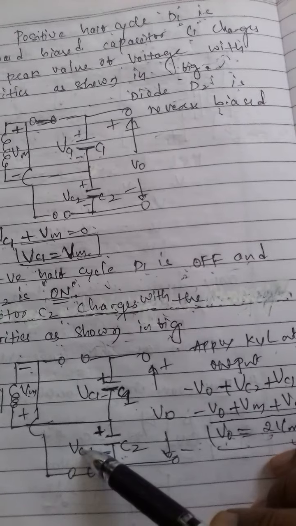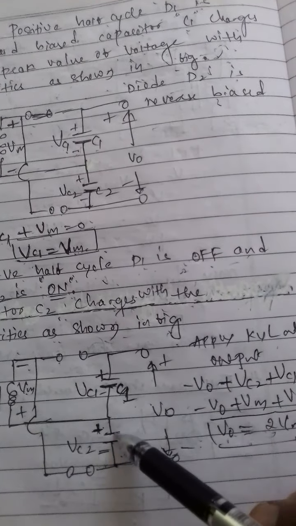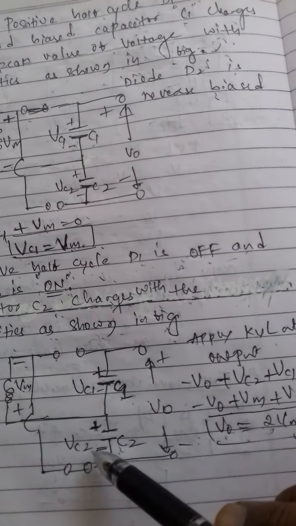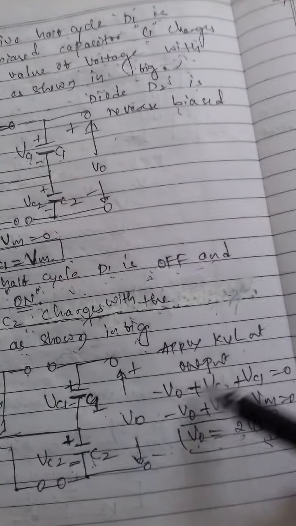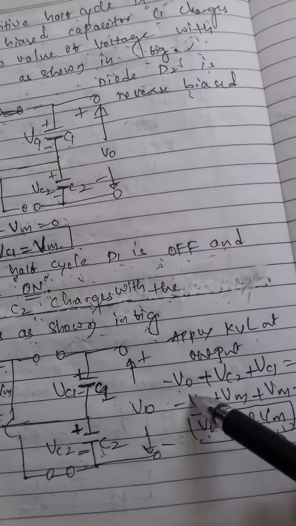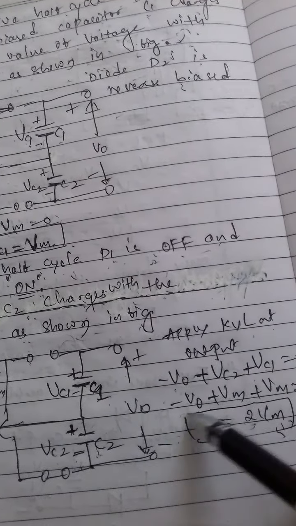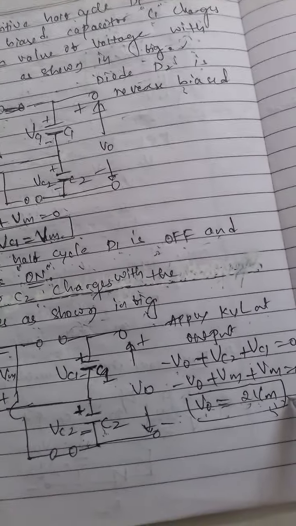Here it is positive, here it is negative, so applying KVL at the output we get minus V0 plus Vc2 plus Vc1 is equal to 0. So the output voltage is equal to 2 times the peak voltage.